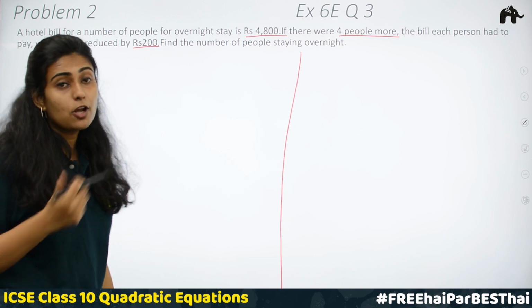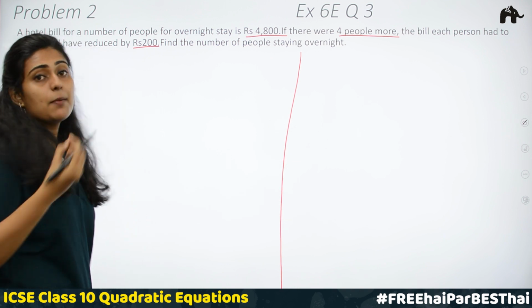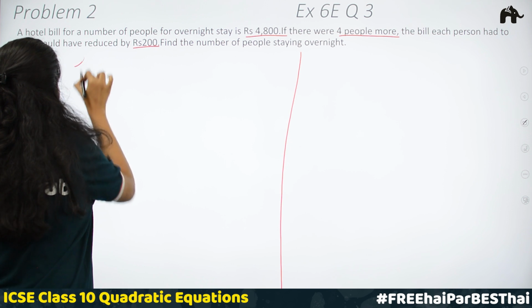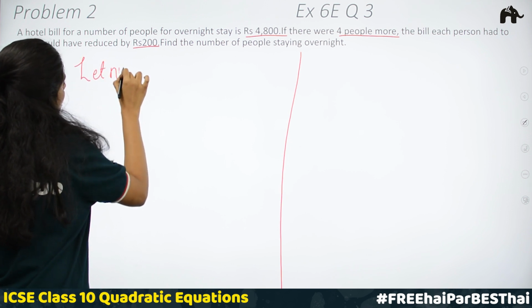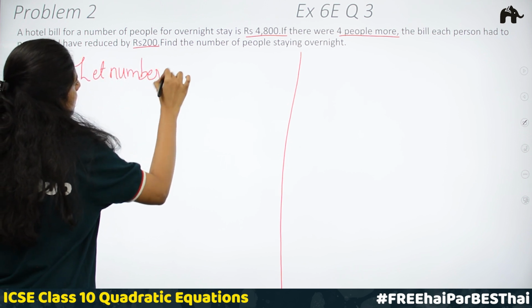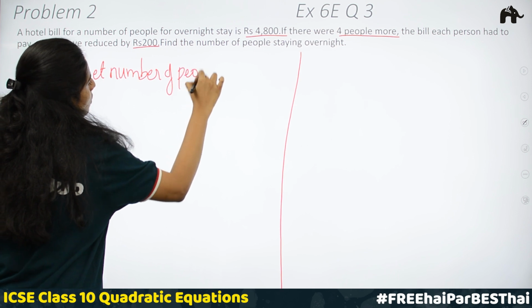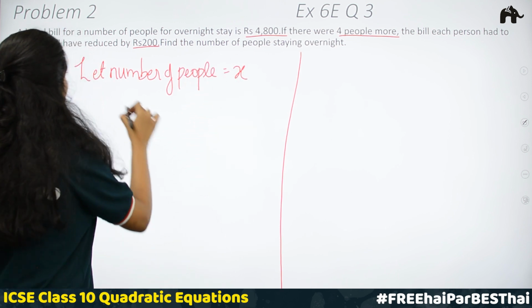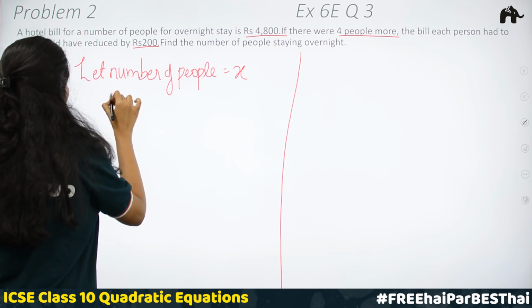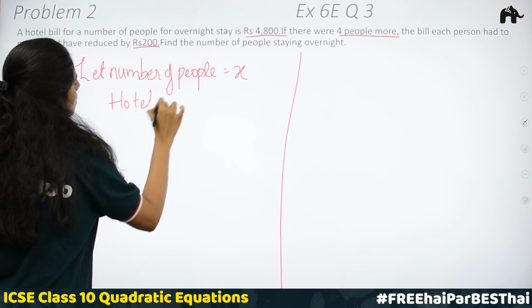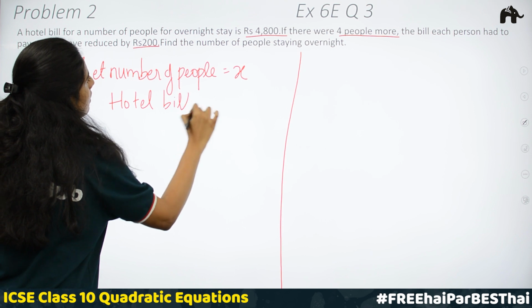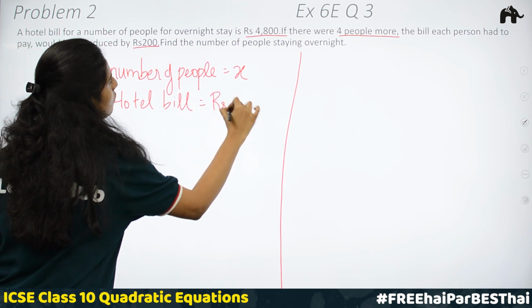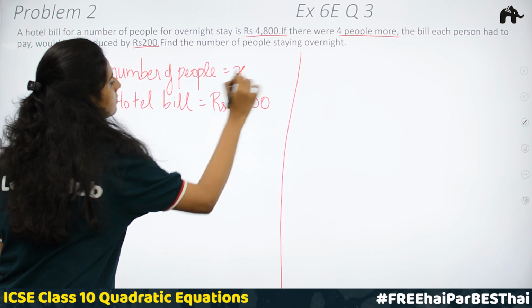A hotel bill for a number of people for overnight stay is rupees 4,800. We don't know the number of people. Therefore, we will take the number of people as x. Let number of people be equal to x. Okay, what is the bill? Hotel bill is equal to rupees 4,800.